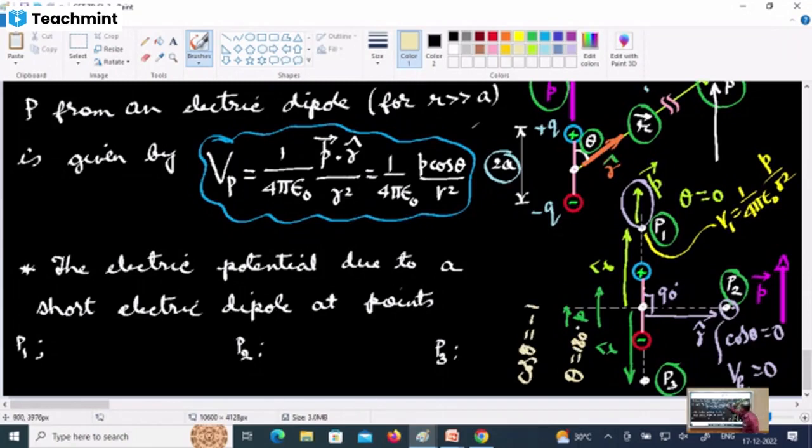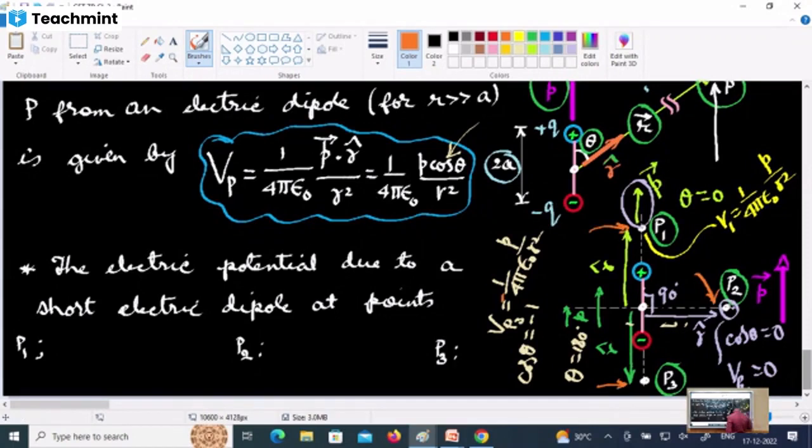Because of that, if you substitute that in here, you will get the potential at P3 is 1 by 4 pi epsilon naught P by R square, except one small difference, my dear students, there is going to be a negative sign. That means the potential at P1 is positive, at P2 is 0, and at P3 negative.